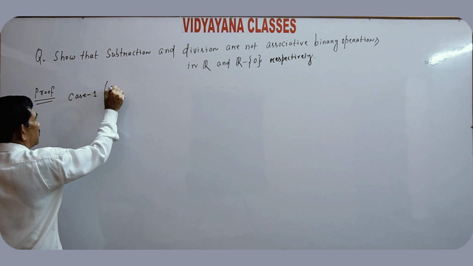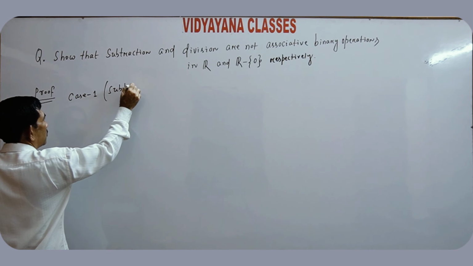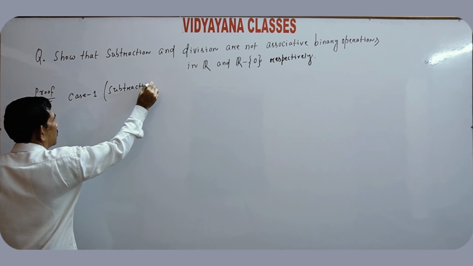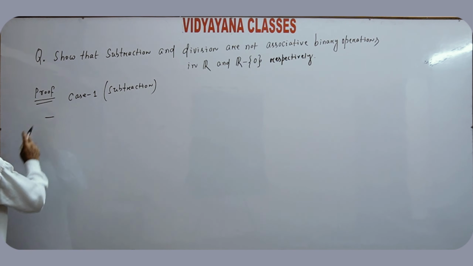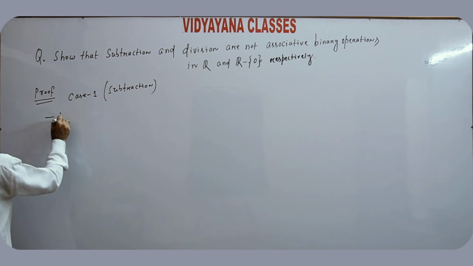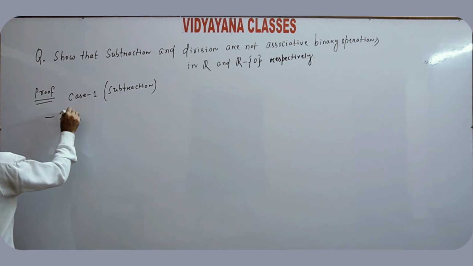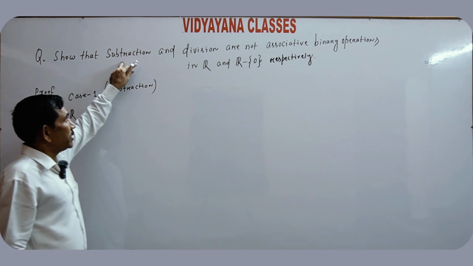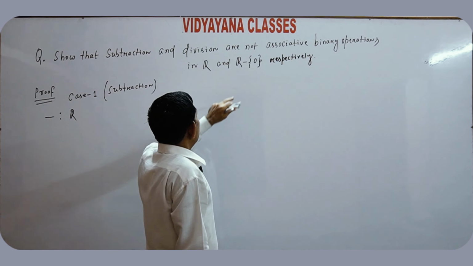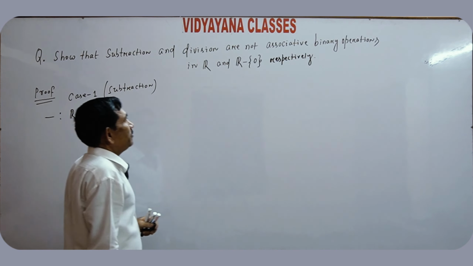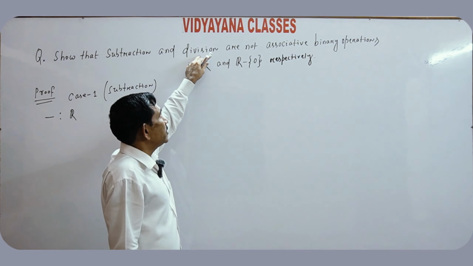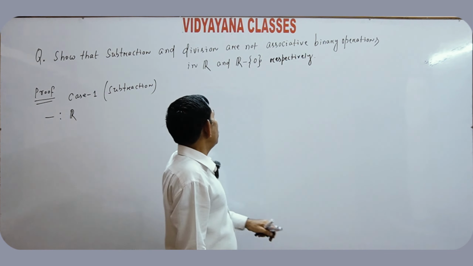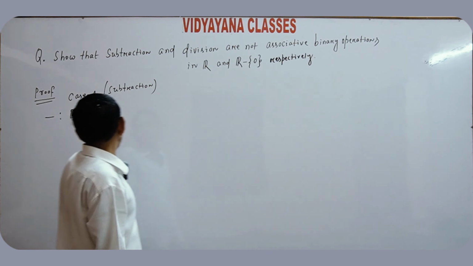First, subtraction. Minus, that means the sign of subtraction. We have to show subtraction is not an associative binary operation in the set of real numbers, and division is not an associative binary operation in R minus the set of 0.